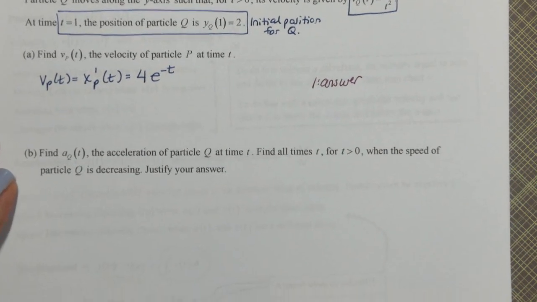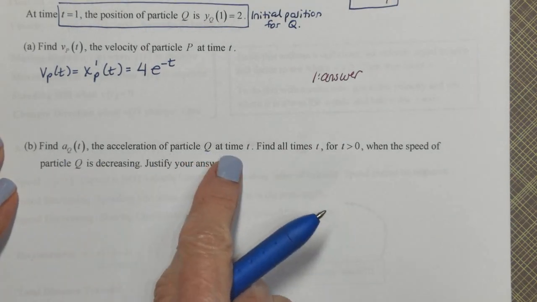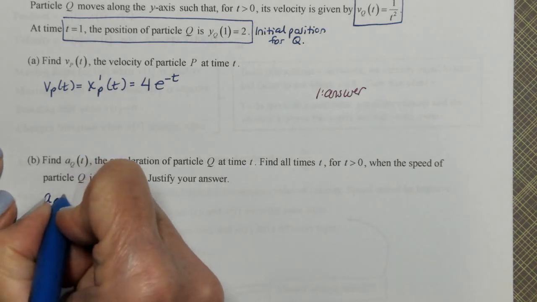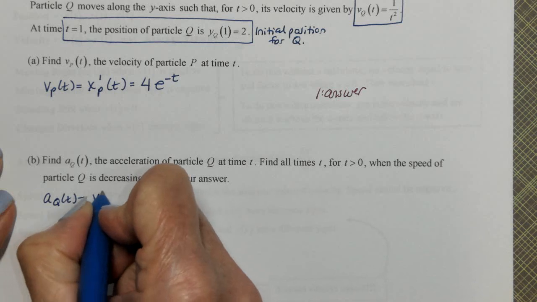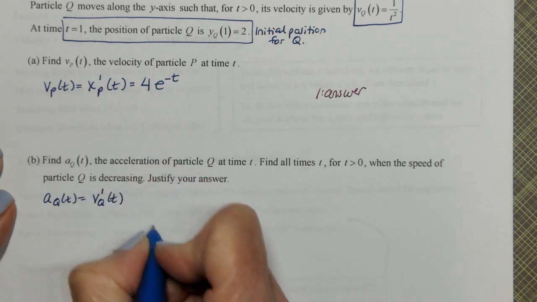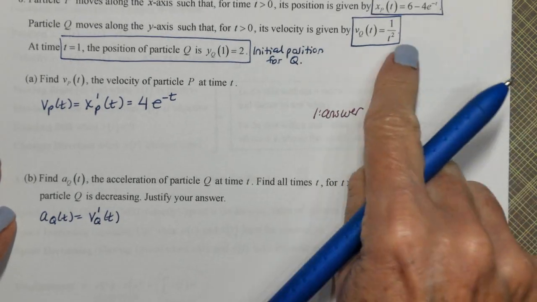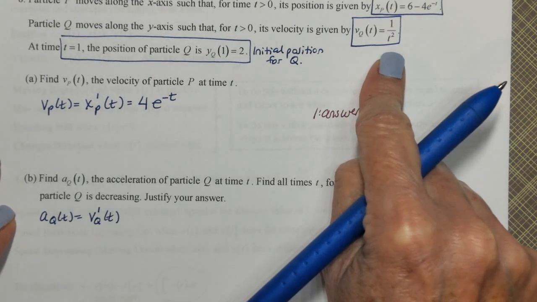Part B. Find the acceleration of particle q at time t. Well, the acceleration of particle q at time t is the derivative of the velocity of particle q at time t. And that will be the derivative of 1 over t squared.